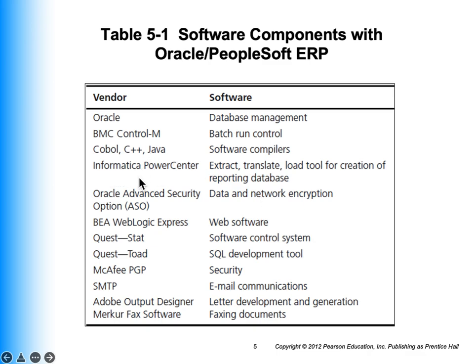Here they use Informatica, database, data network, Oracle, web software, WebLogic, Quest, for control and development. Security, this is basically antivirus, McAfee. It could be changed. Email, SMTP, simple mail transmitter protocol. Adobe Design for PDF, fax.